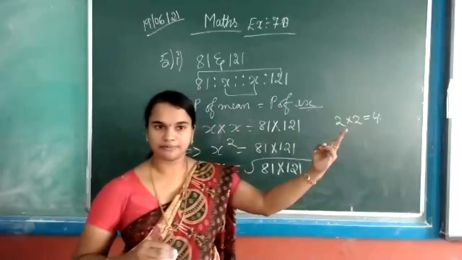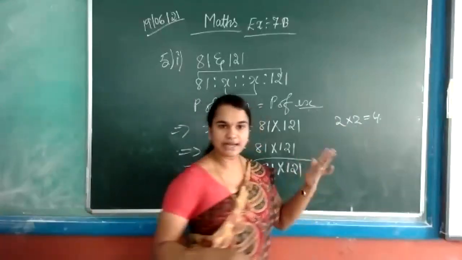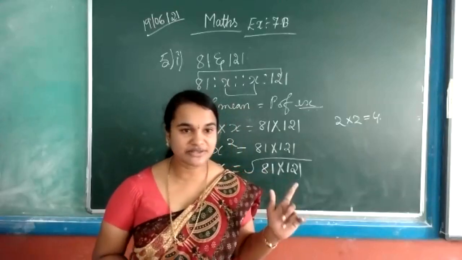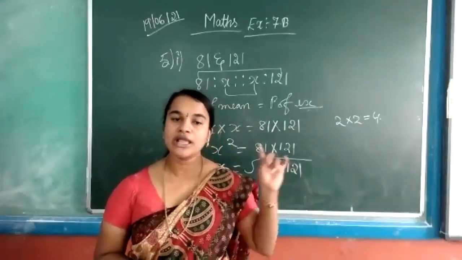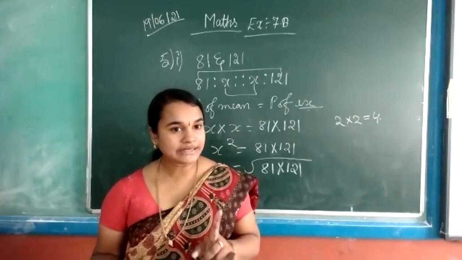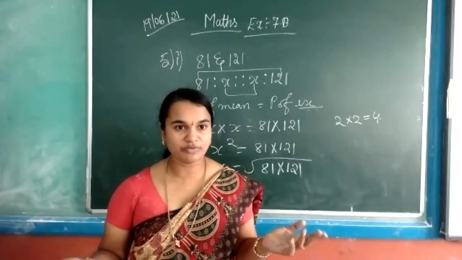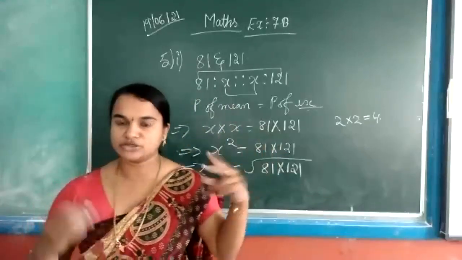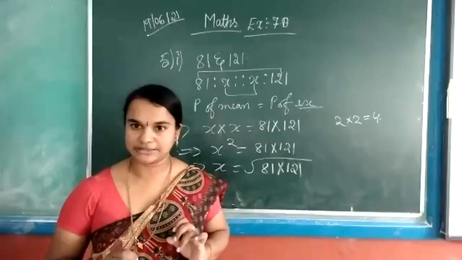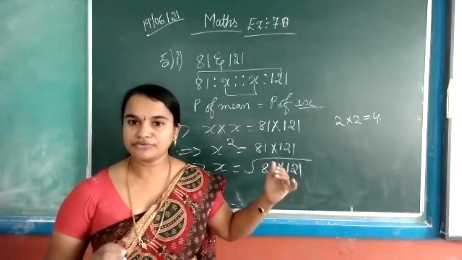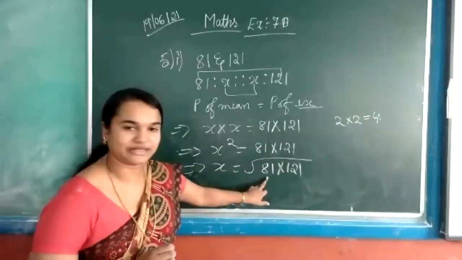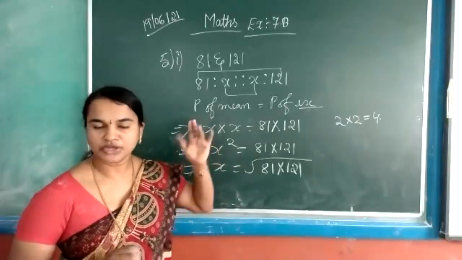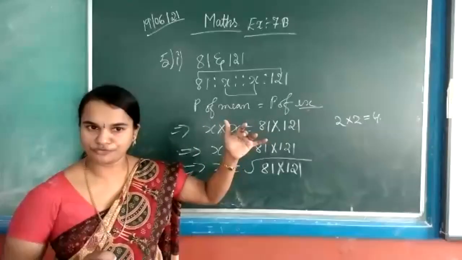Two numbers together: 3 3s are 9, 4 4s are 16, 5 5s are 25, 6 6s are 36, 7 7s are 49, 8 8s are 64, 9 9s are 81, 10 10s are 100, 11 11s are 121, 12 12s are 144. Like this it will be. Square root means two same digits multiplied together give the number. So the square root of 81 equals 9. Understood? You have to know this up to 20, all of you.